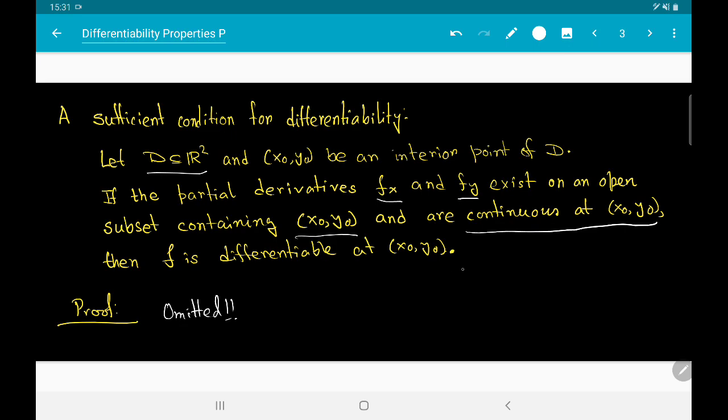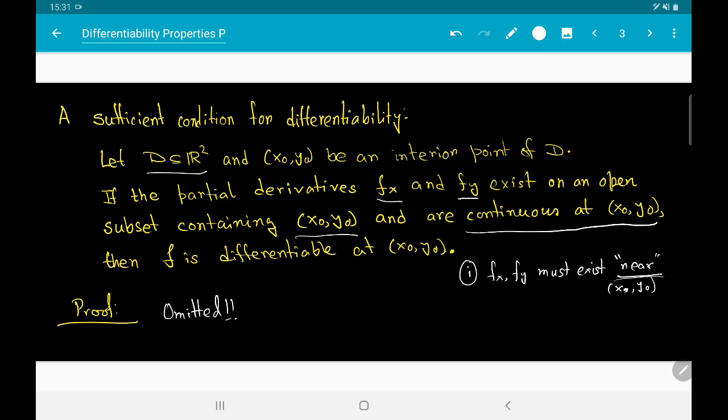So we have two conditions here: fx, fy must exist, let me write colloquially, near the point x0, y0. This near means that it exists on an open subset containing x0, y0.